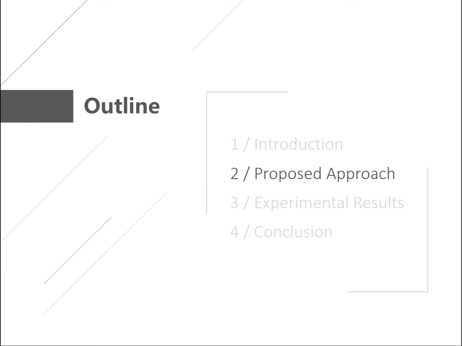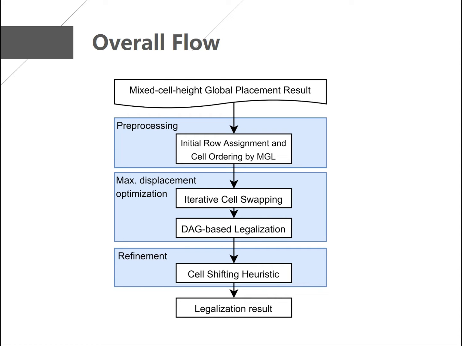So let's move on to the proposed approach. This is the overall flow of our approach. There are three stages in the flow. In the first stage, which is preprocessing stage, we decide to obtain a good initial row assignment and ordering, rather than using the one from global placement. The second stage includes two algorithms.